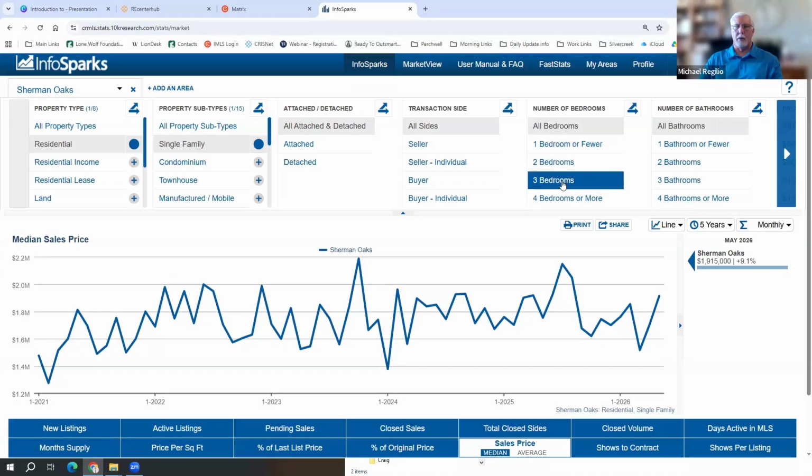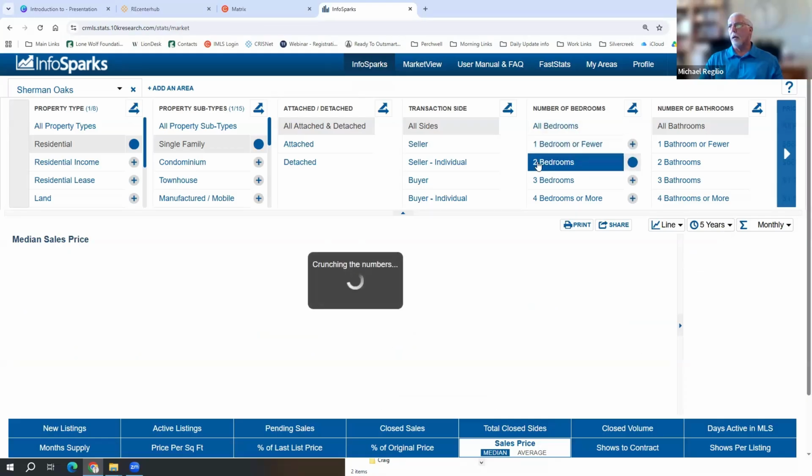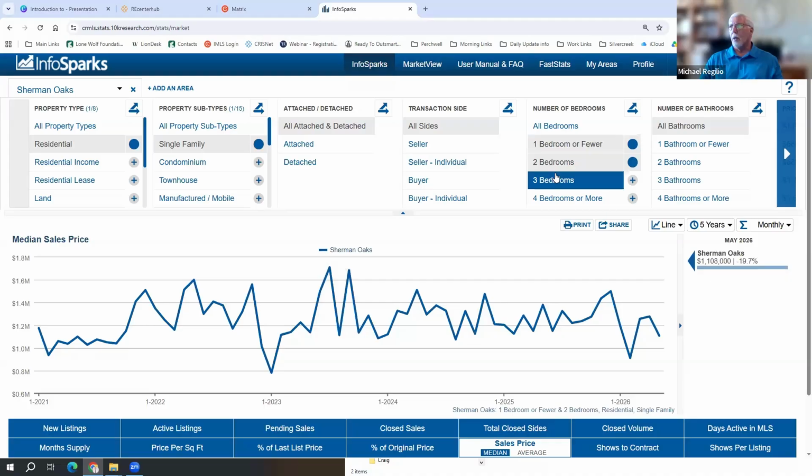You can filter by number of bedrooms. And this is nice because if you're dealing with something on the upper end or the lower end, right? If I have something that's a 2 bedroom single family, I don't want to look at 4 bedroom or 5 bedroom homes that have large square footage, that isn't really affecting my price or my market for the smaller end.